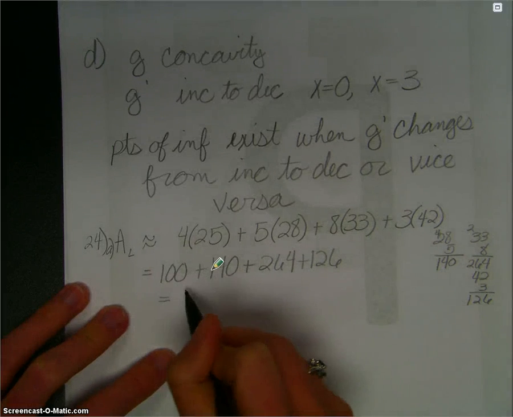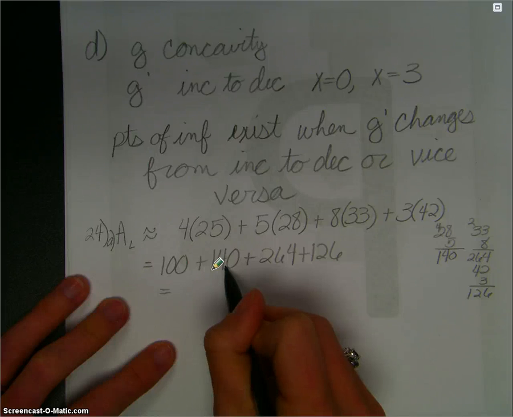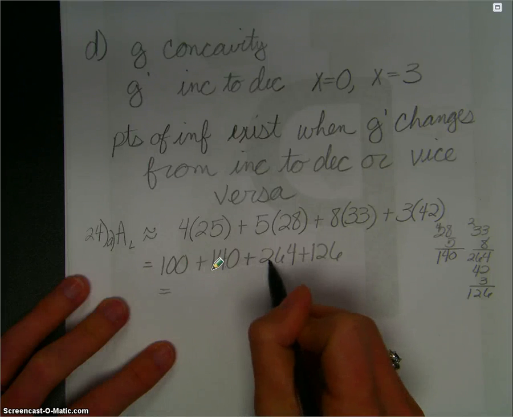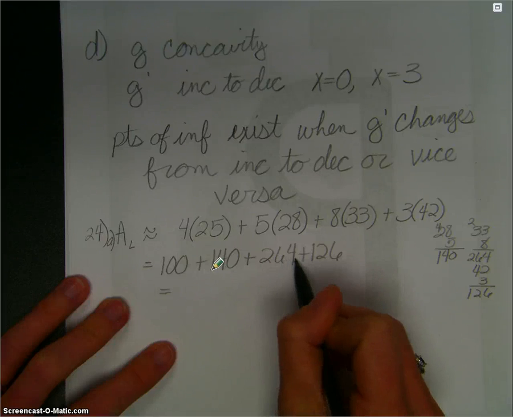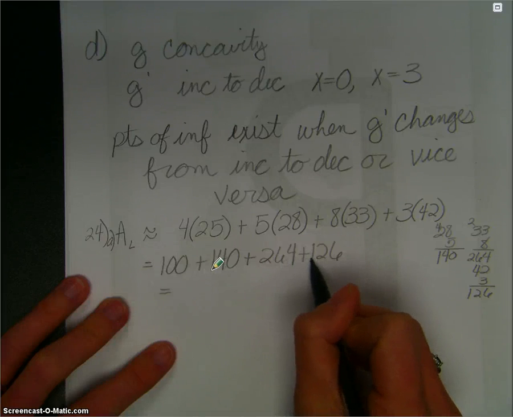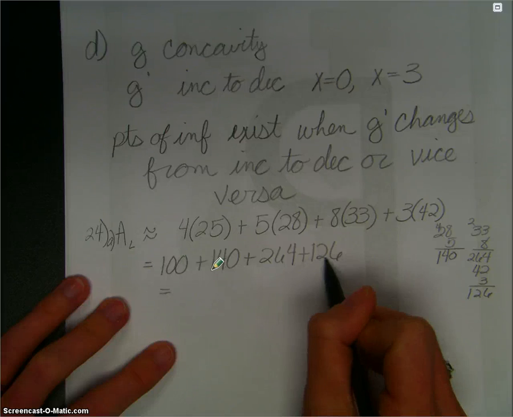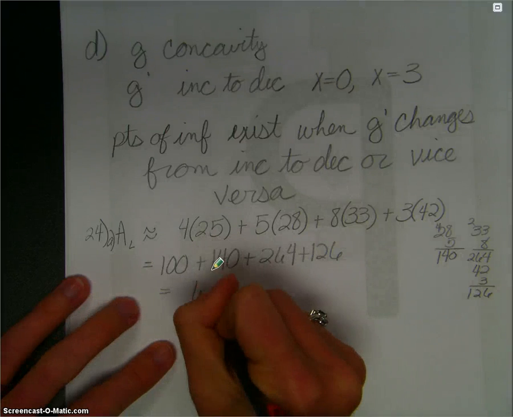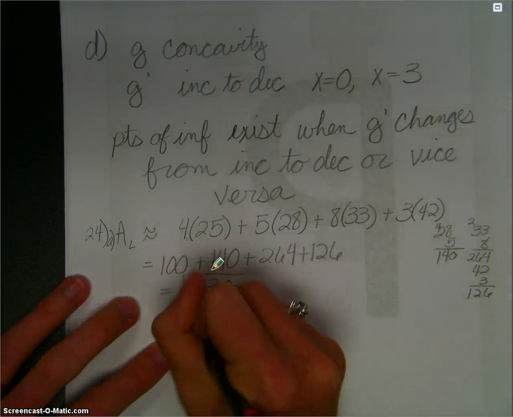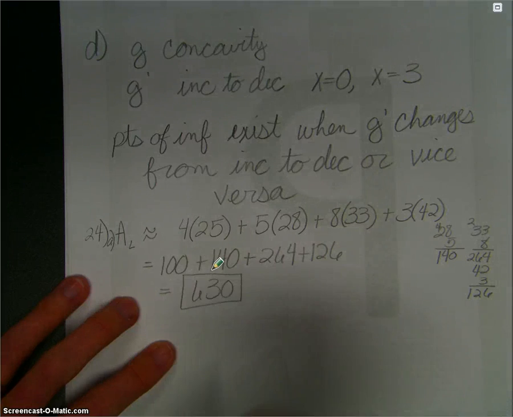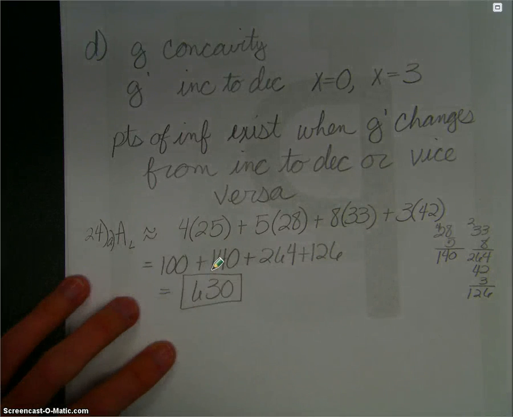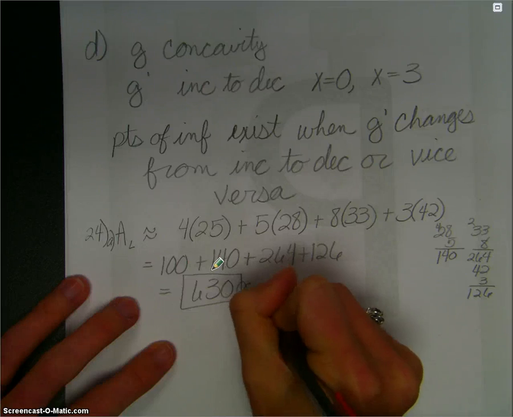All right, let's see here. I'm going to work with this together. This is going to give me 240, so 440, and then 504, 604, 624, so 630. Did they give me units of measure on this? Yes, in gallons.